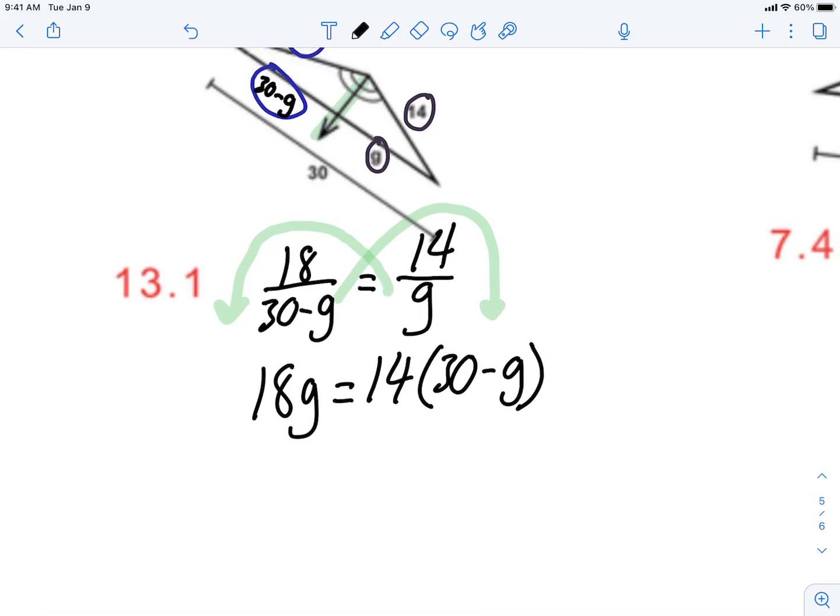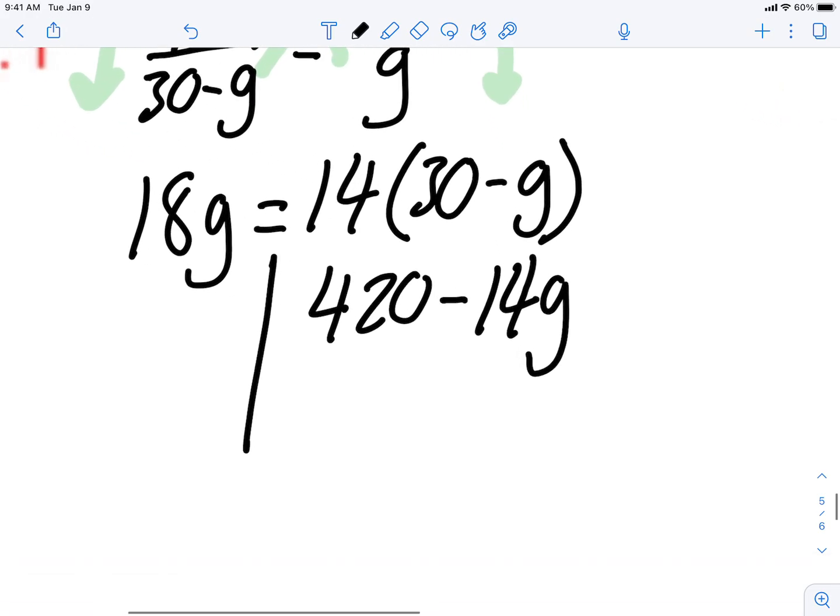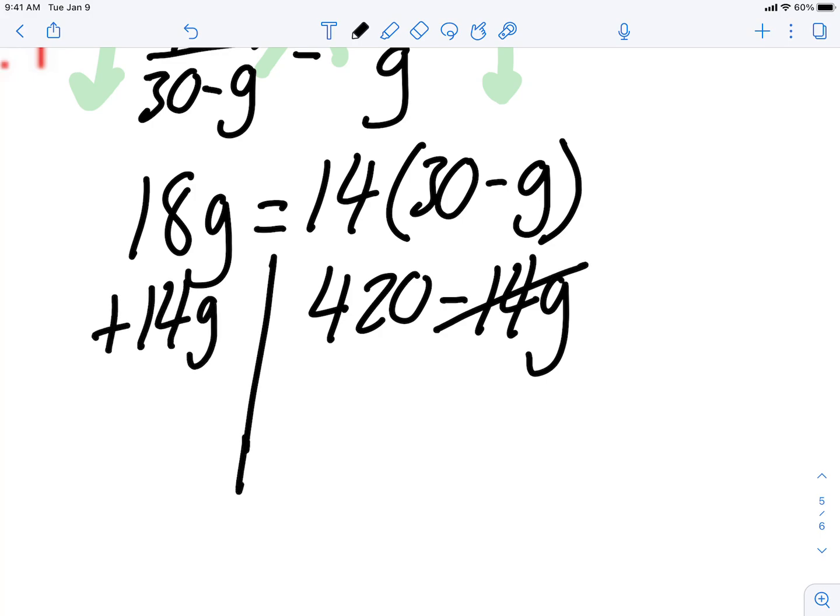14 times 30 is 420. So here I get 420 minus 14 times G is 14G. Okay. So I'm immediately going to cross out 14G, and I'm going to bring it over as plus 14G. So I get 32G and 420 on this side.